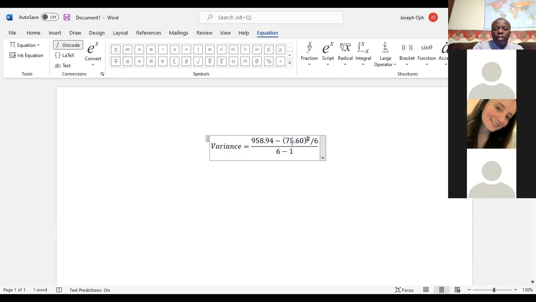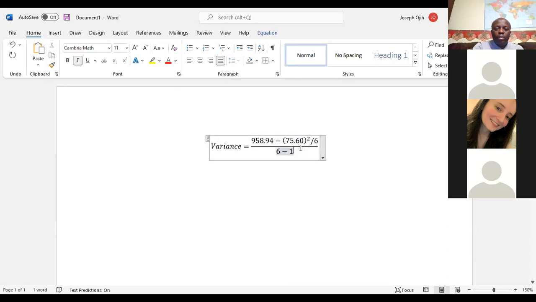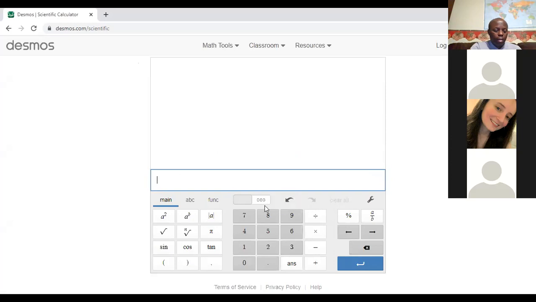If you work this out in a calculator, let's see what our calculator will give us. We'll have sum of x squared, we got 958.94. Can you see my calculator? Yes, Professor.